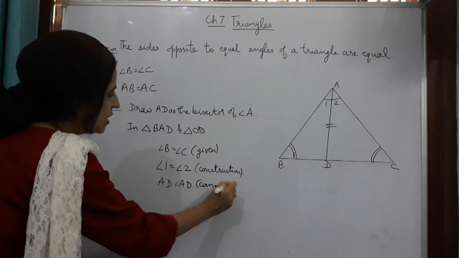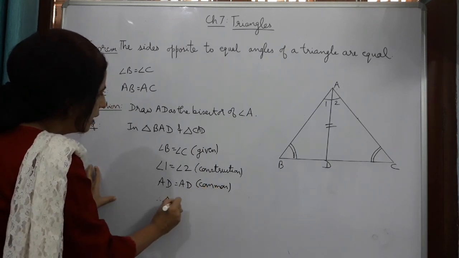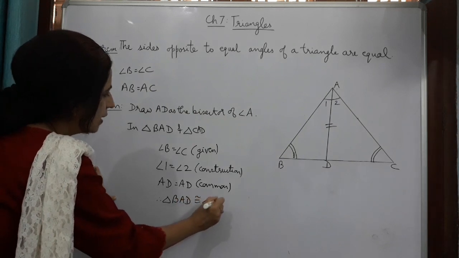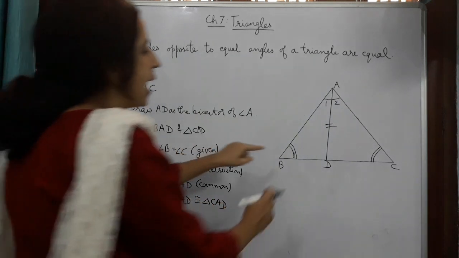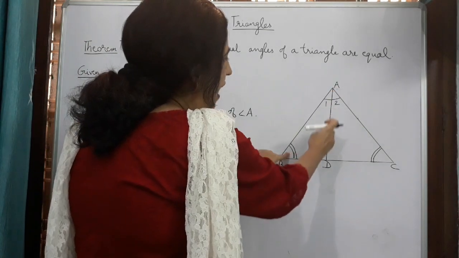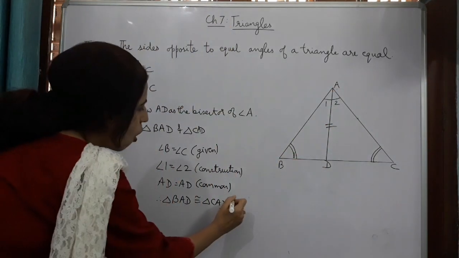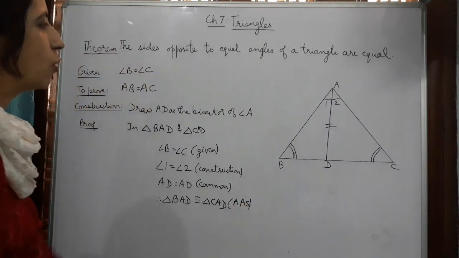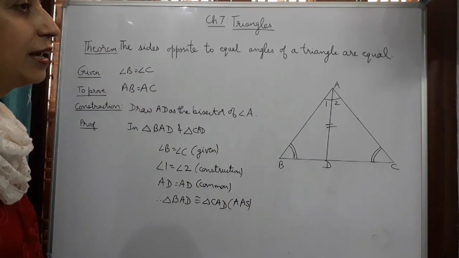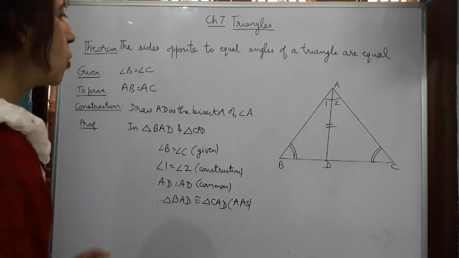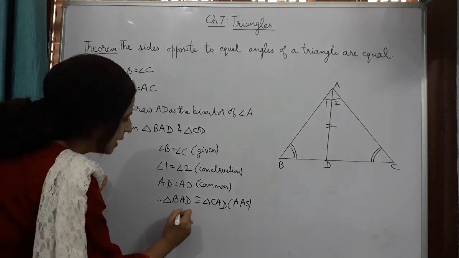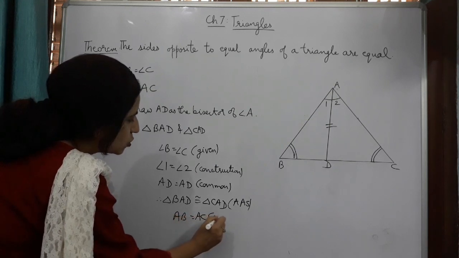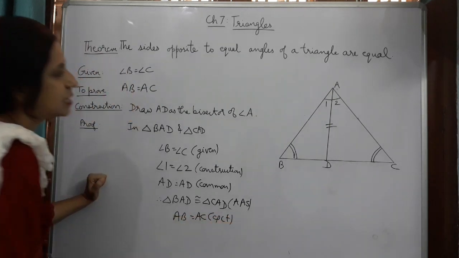So therefore we will say that triangle BAD is congruent to triangle CAD by AAS criteria of congruence. And if the triangles are congruent, then definitely by CPCT we can write down that AB is equal to AC.